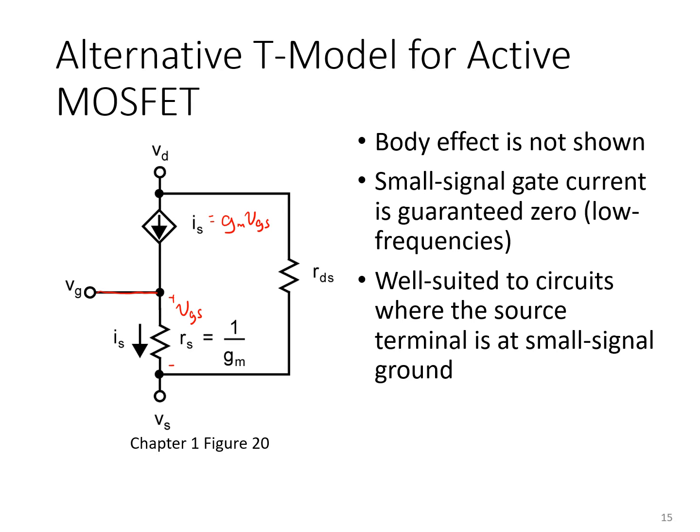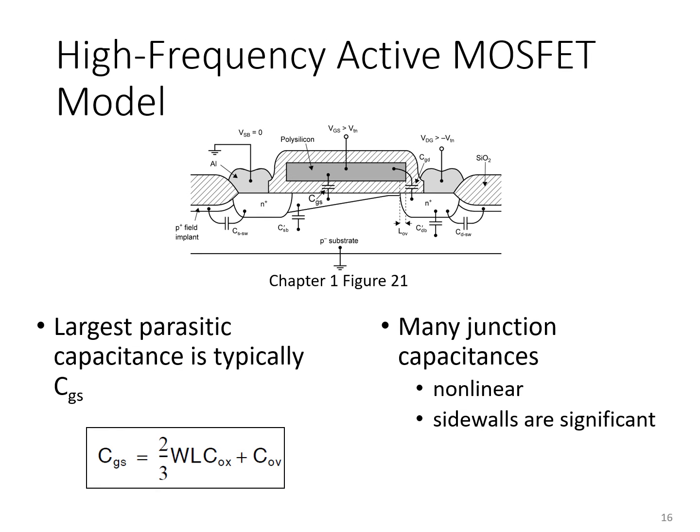Body effects not being shown here. And often a lot of people find that the T model is better suited to a lot of analog circuit analysis because often the source terminal is at small signal ground. So in such cases, the T model can capture some first order behaviors more intuitively.